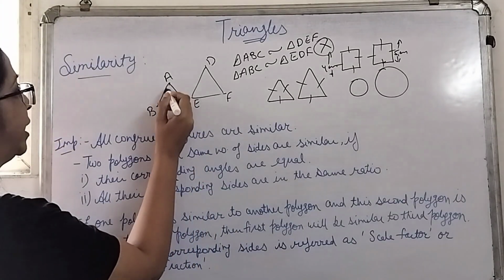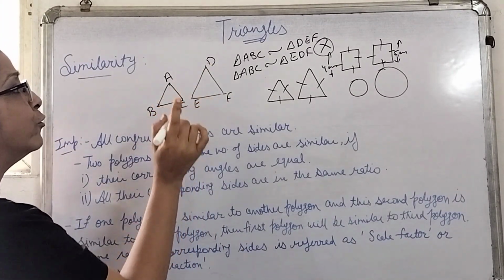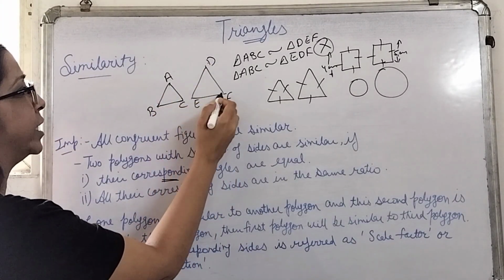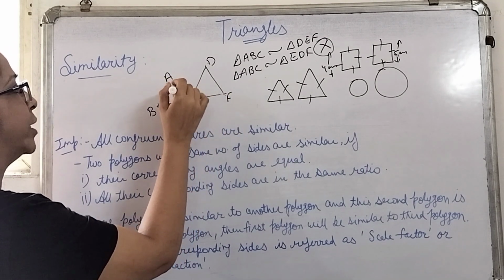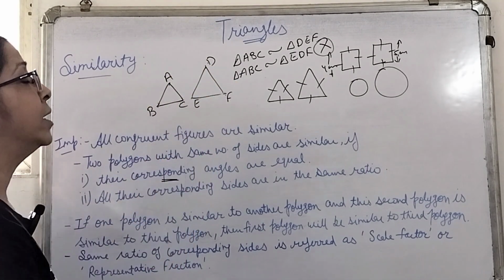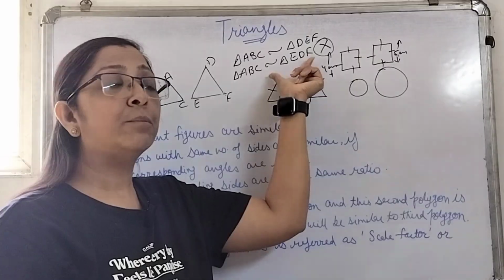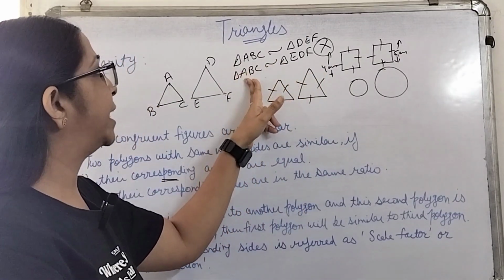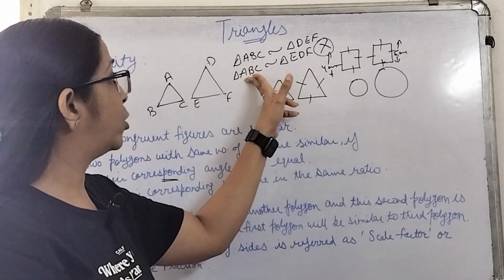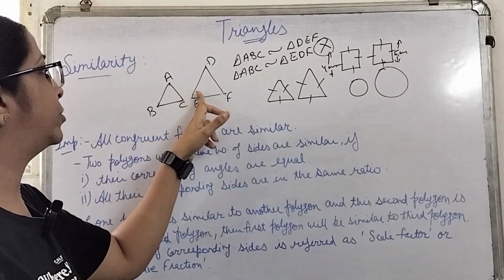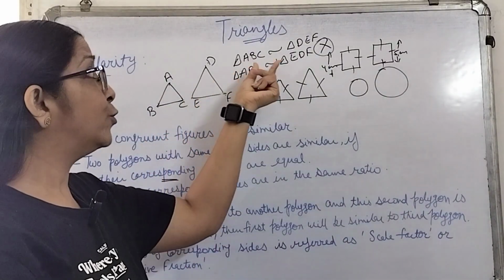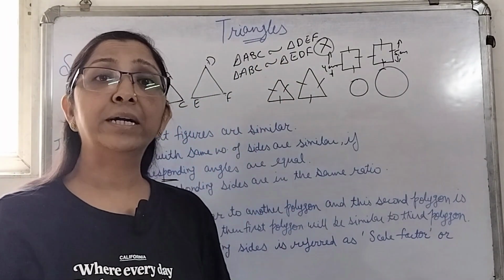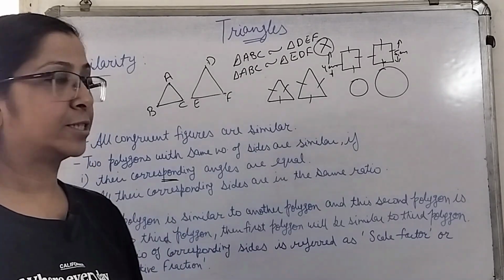That means the ratio of AB over DE will be equal to BC over EF, equal to AC over DF. But this won't be true for EDF, because this means that A corresponds to E, so according to it, angle A should be equivalent to angle E. Although for regular polygons it is true, but not for irregular polygons.